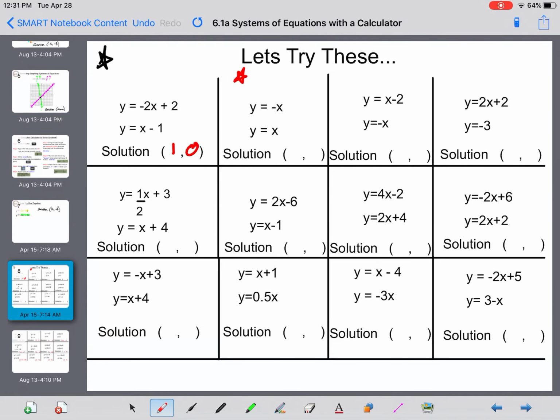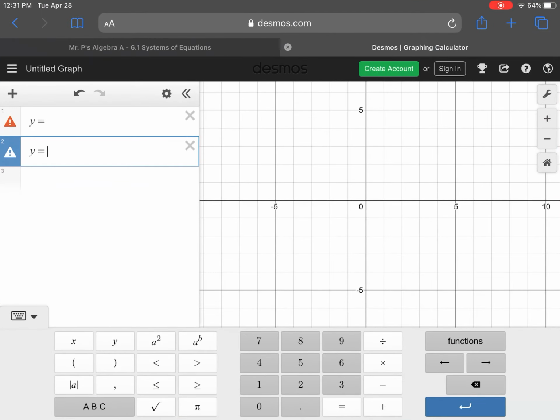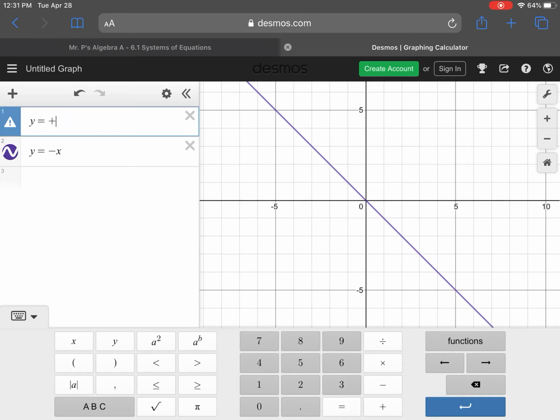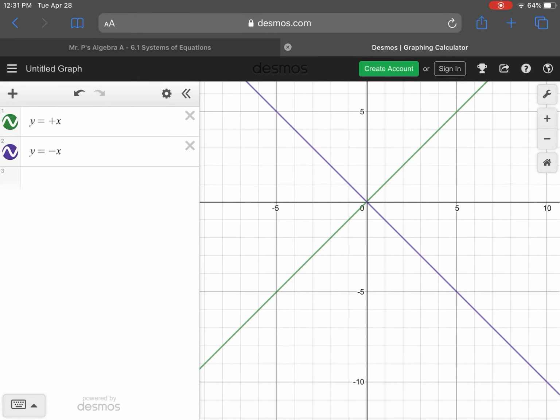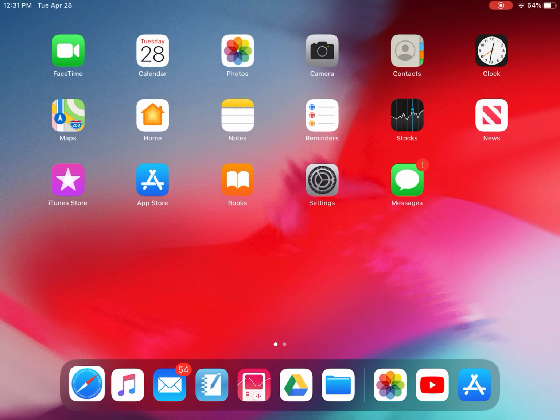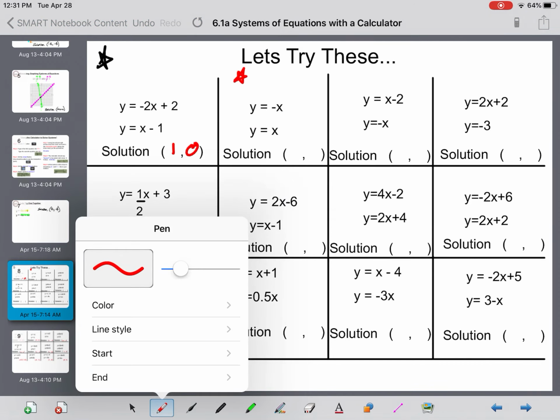Yeah, well, we'll show you this one. -x and positive x. There's our two graphs. And where's our intersection point? Right at 0, 0.